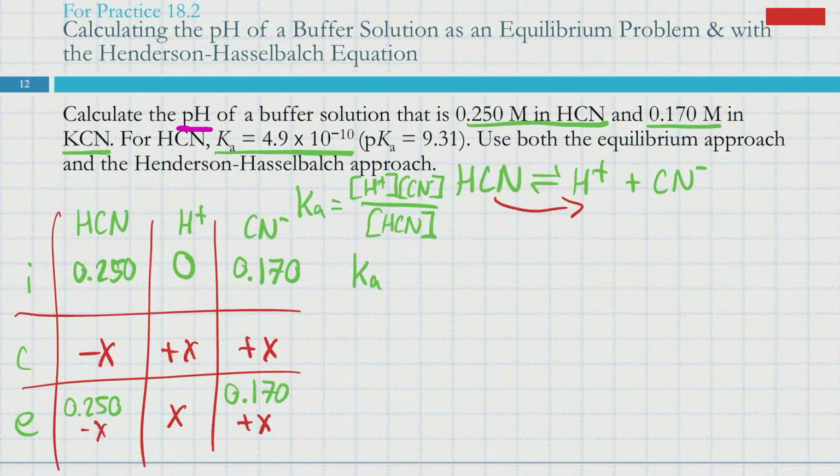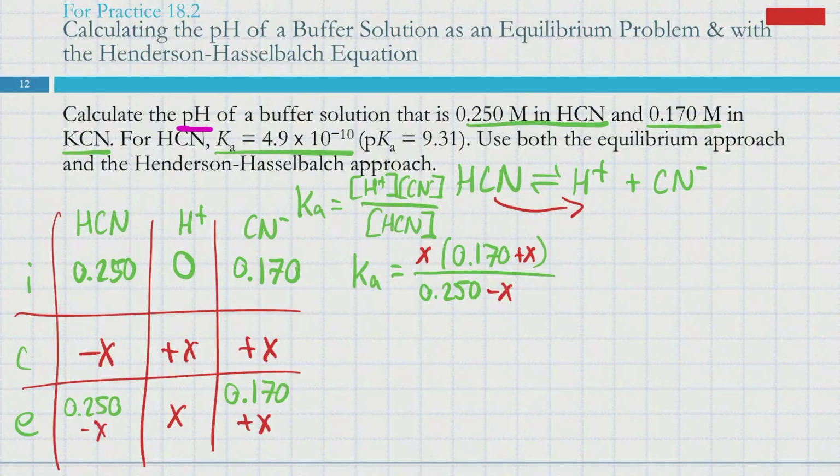So our Ka is equal to x for H plus times 0.170 plus x over 0.250 minus x. And this is where we would normally do the x is small approximation.